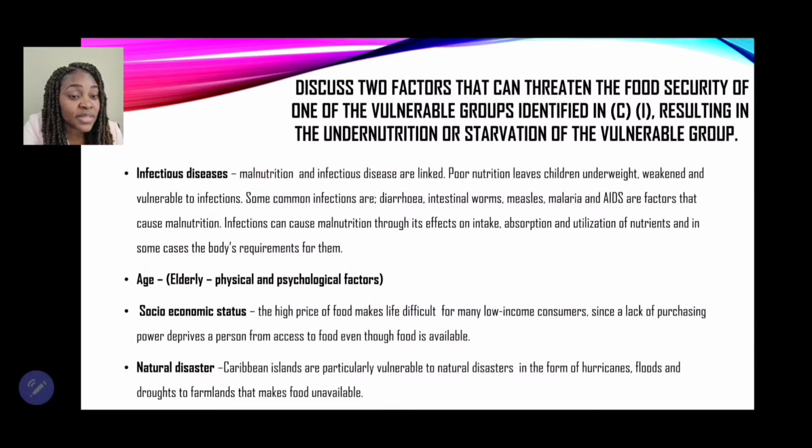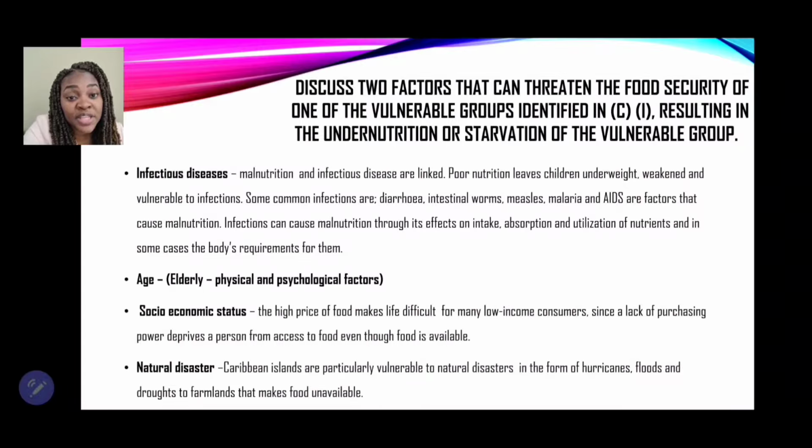Persons aren't able to take in food. We may speak of even the absorption of the food. Even though they're taking in the food, it doesn't have any time to absorb because their body is in such a state. And utilization of nutrients, and in some cases the body's requirements for them.